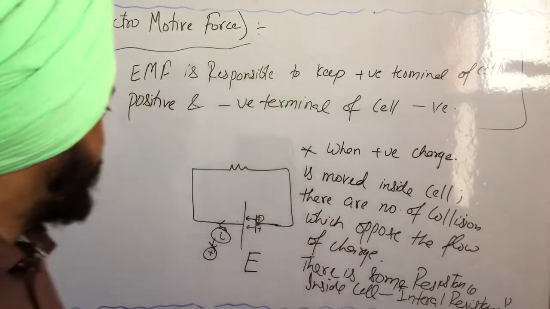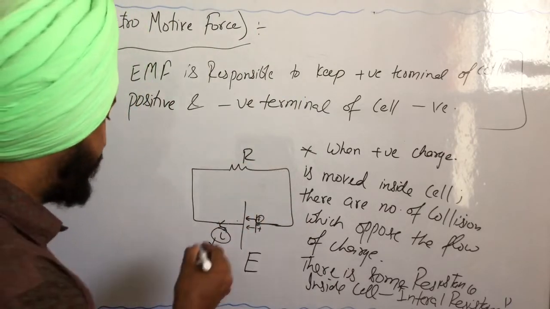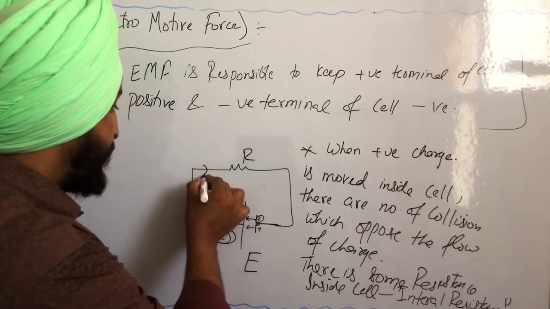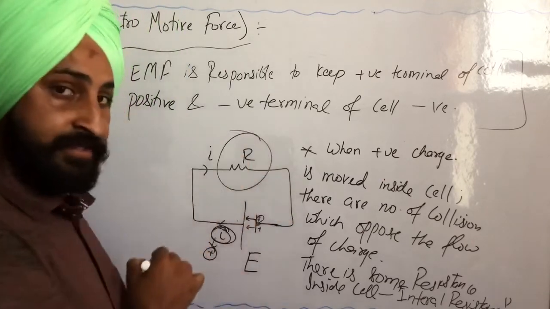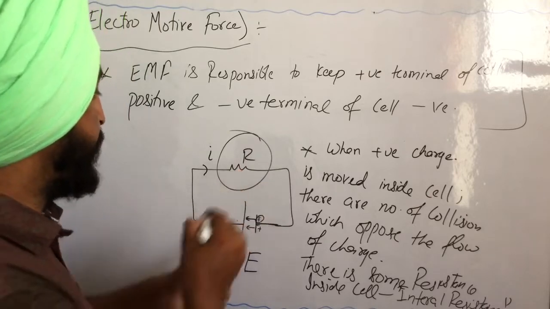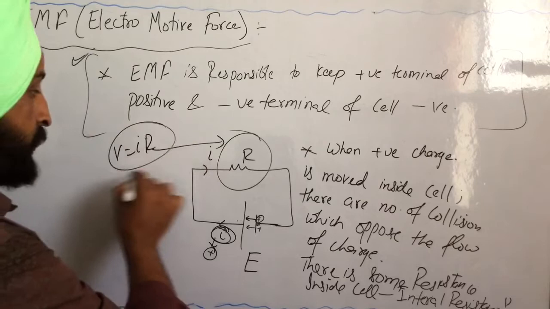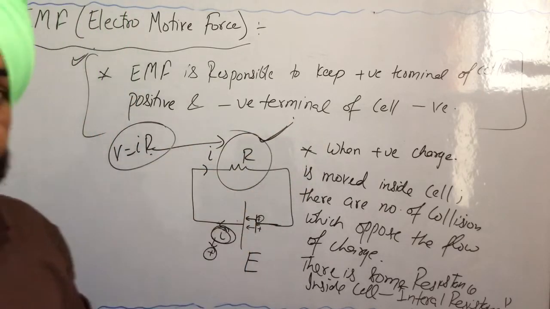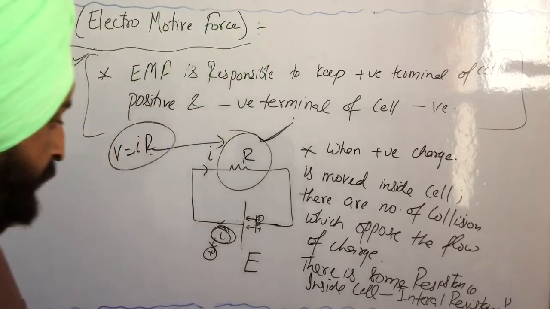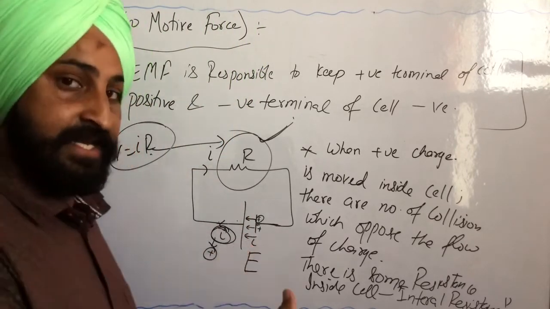Like here, if you have an external resistance of R and the current flowing through this circuit is I, what will be the potential drop at this resistance? The potential difference over here is V equals I into R. Similarly, the same current I is flowing inside the cell.